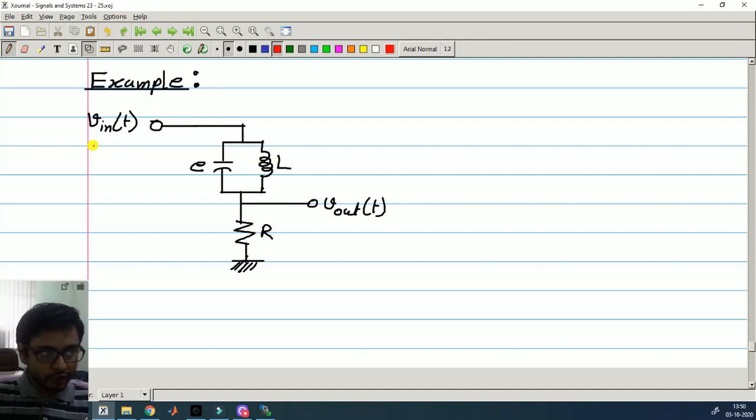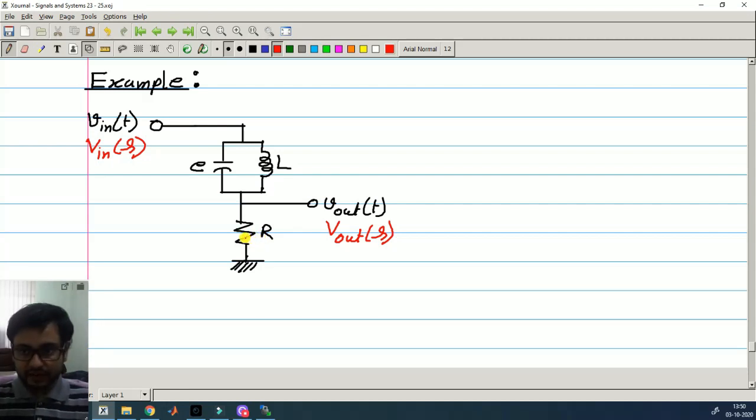Okay, so we will first replace all time domain functions with their Laplace domain equivalents: V in s, capital V out s. These impedances will also be replaced with their s domain equivalents.